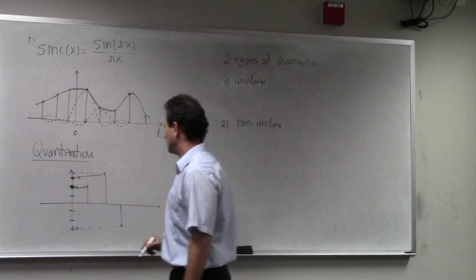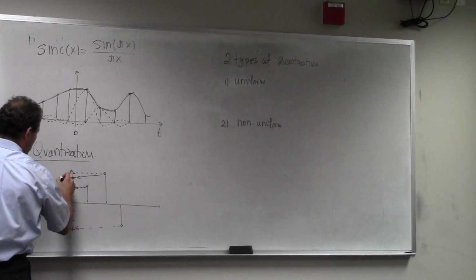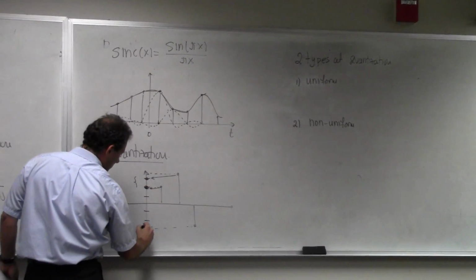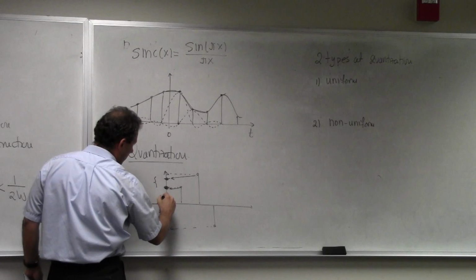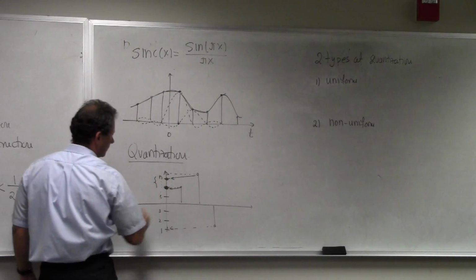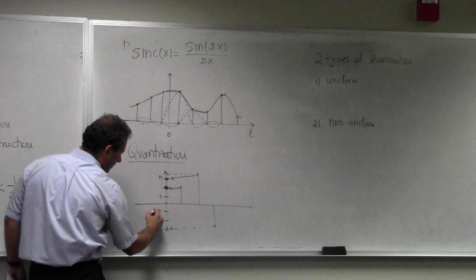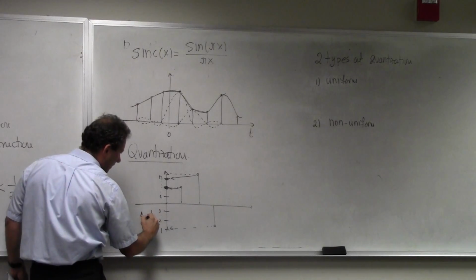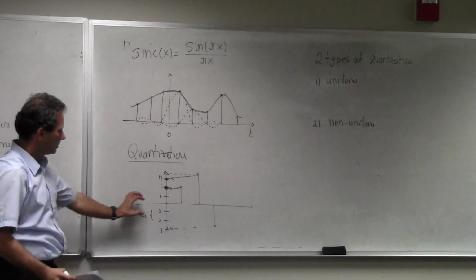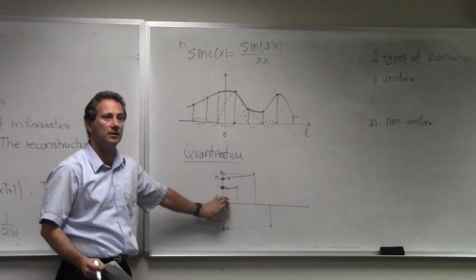Where is the difference between the two? We define this here. These are our levels, let's say 1, 2, 3, i, all the way to n. We define the difference between two levels as delta i, right? How large is this difference?